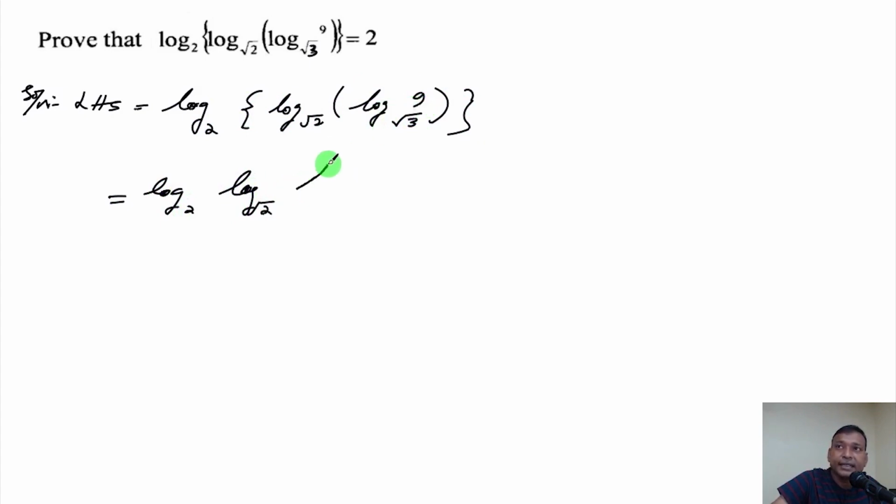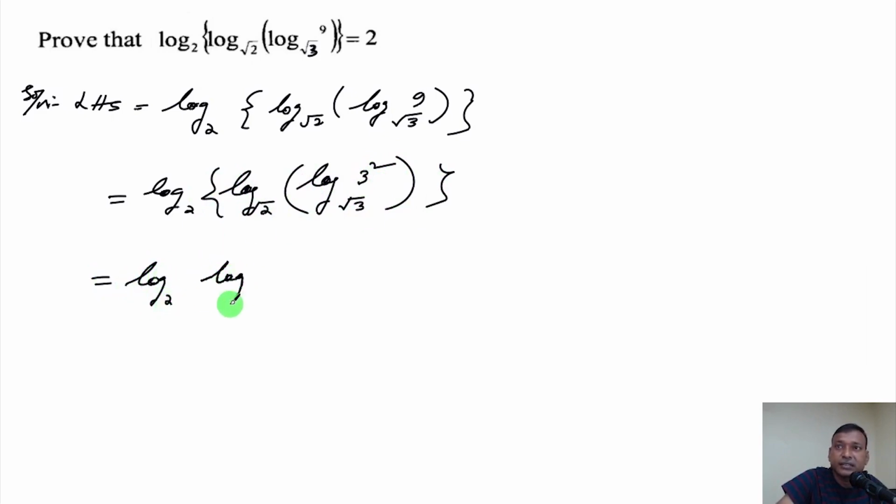This 9 can be written as 3 square to the base root 3. Now this 3 square can be written as log root 3 power 4 to the base root 3.